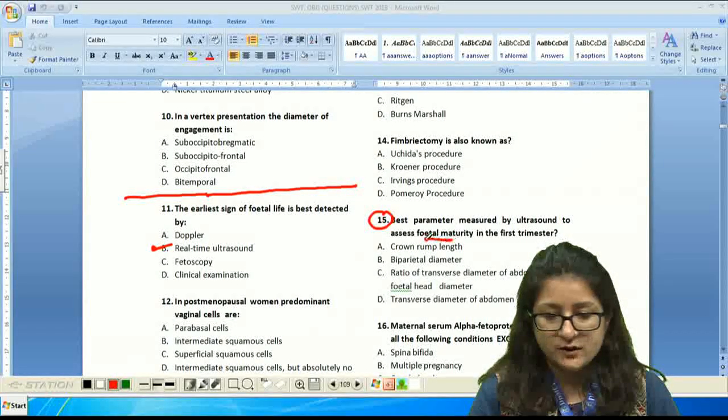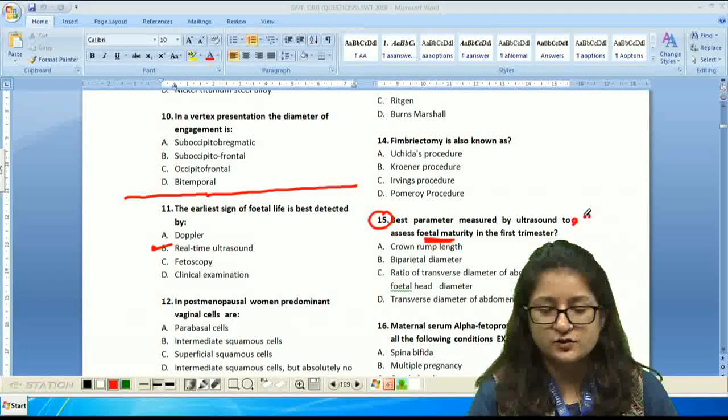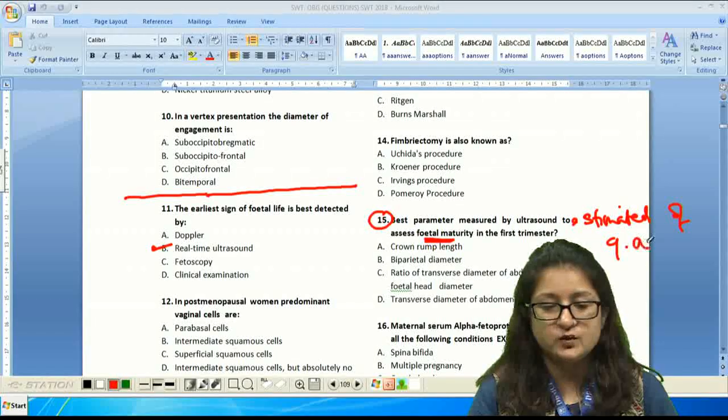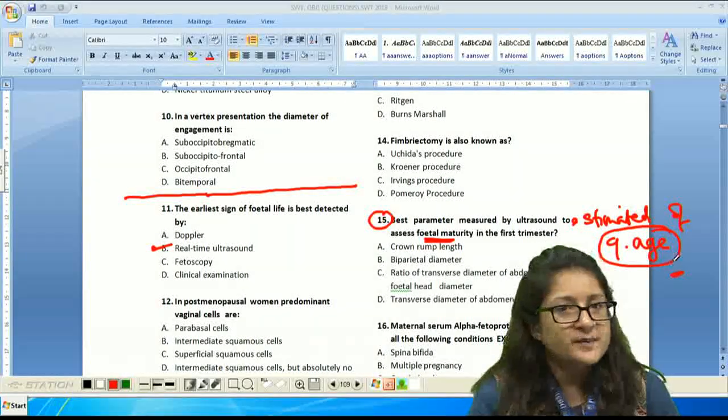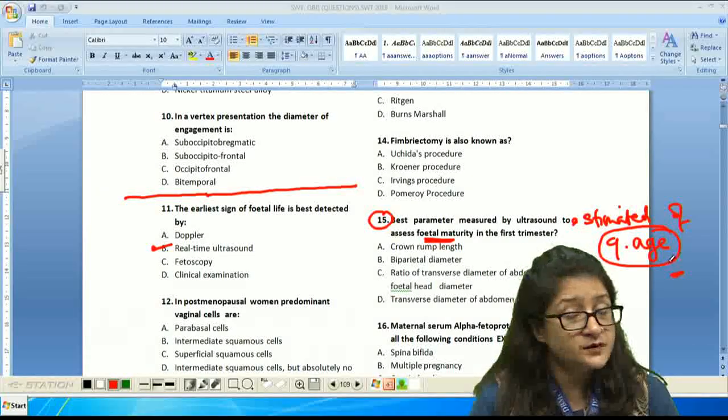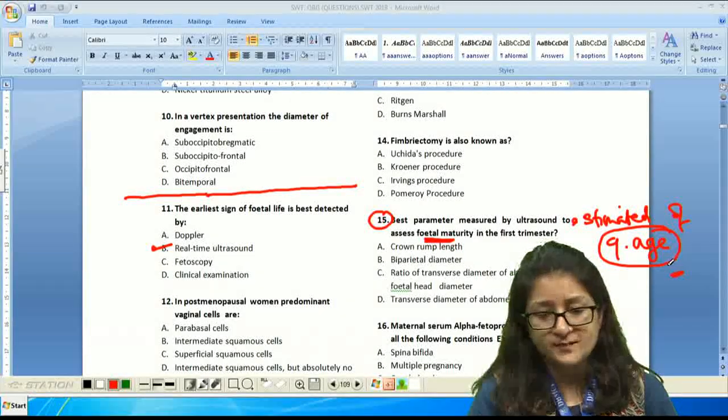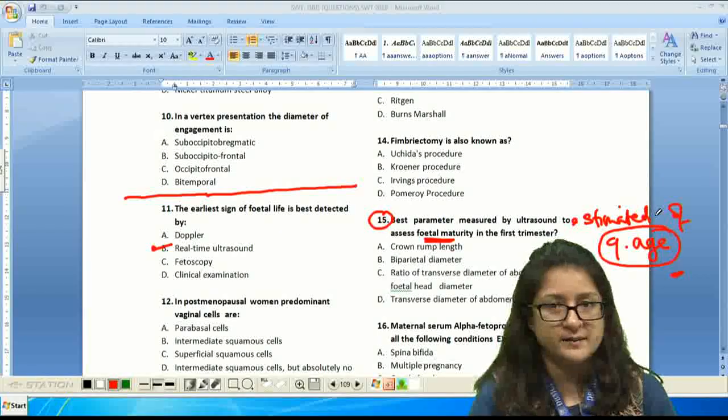So fetal maturity means estimation of gestational age, right? So for estimation of gestational age, we use ultrasound parameters. The earlier done, the better. So the first trimester ultrasound is going to be better than the second trimester ultrasound.